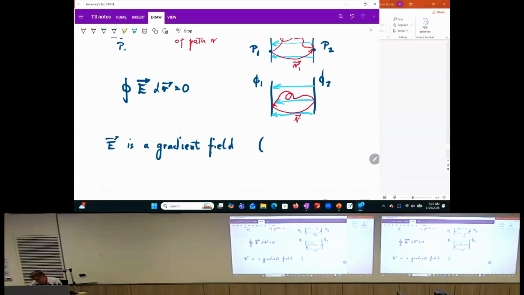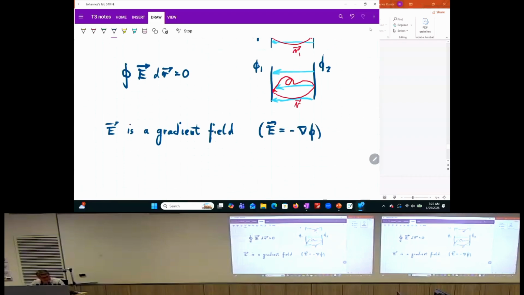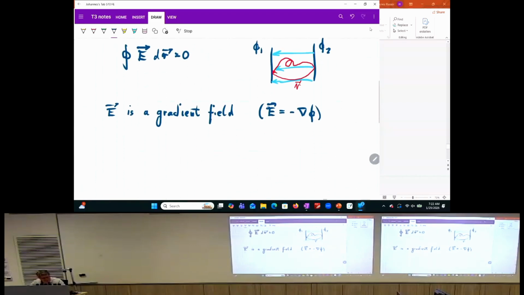That means the electric field is obtained here by negative of the gradient of phi. The negative is just a convention, and that phi is a scalar field. That means the rotor or rotation of E is 0. This is the same as the curl. This is just a different name.